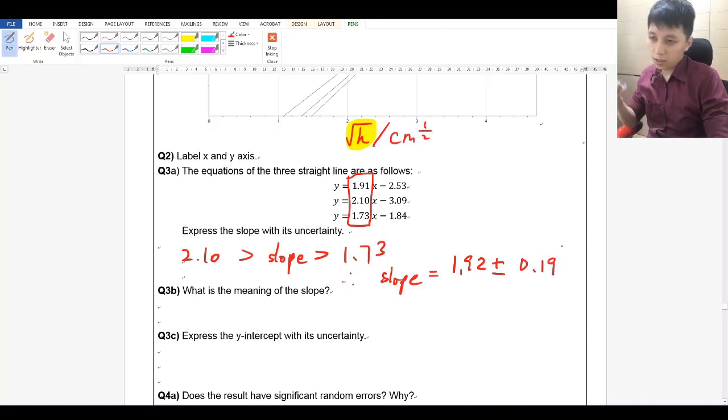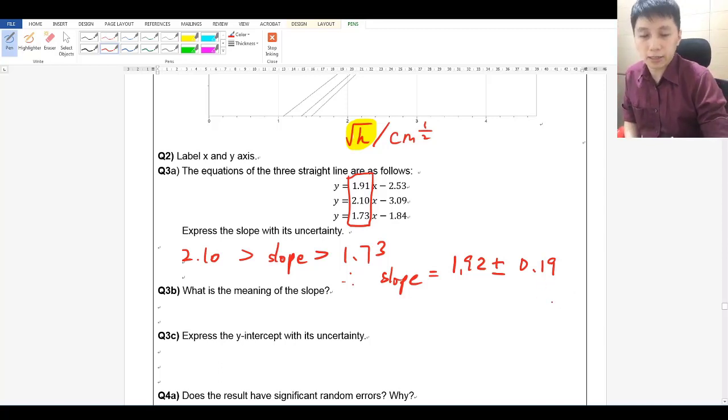Since we have the uncertainty to be 1 something, if you remember what I said in the earlier videos, then you could just keep it like this. That's one way of doing it. The other way of doing it is, if you really want to, you can further reduce it to 0.2.